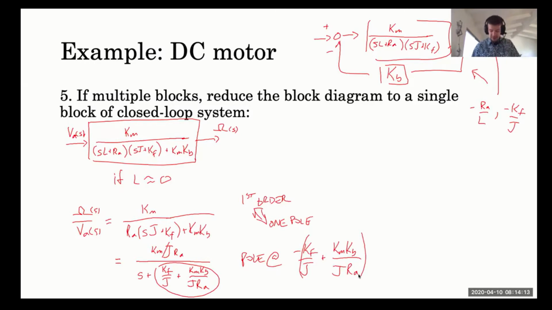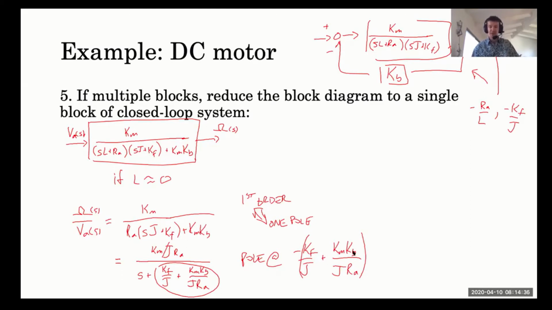Right now this isn't terribly meaningful except for the fact that all of these K constants were positive. The Kf was the friction constant. That means the faster we go, the more friction there is, so it's going to be a positive number. Km was a motor torque constant. The more current, the more torque, so that's positive. Kb was the back EMF coefficient.